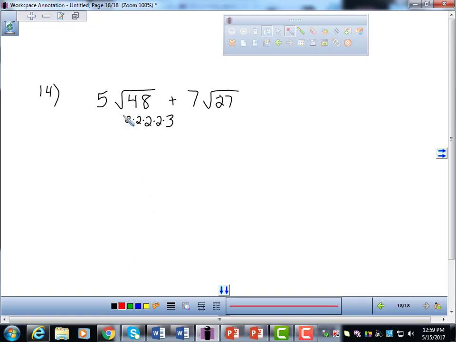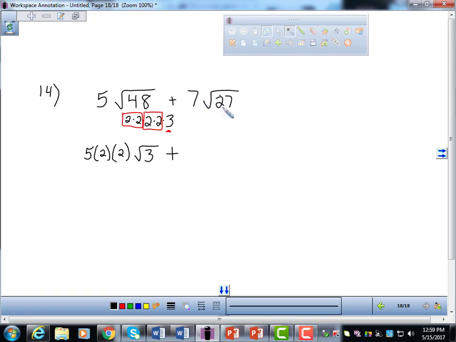Your index is 2, so you have 2 2's, 2 2's, and a leftover 3. What's already on the outside? So 5 times the 2 that we bring out times another 2 that we bring out, and the radical 3 is still there.